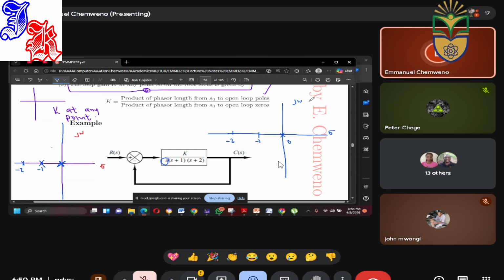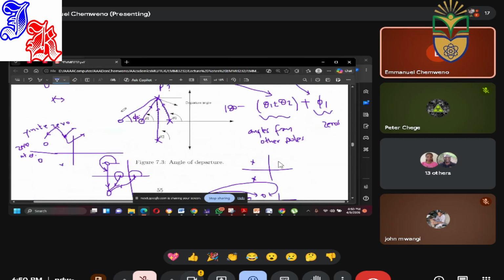Now, we will go through all the rules one by one. Rule number 1, it is symmetric. We confirm.